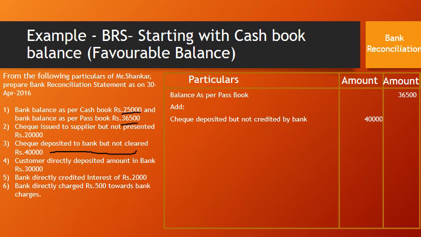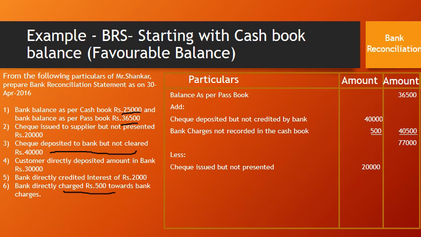This is the one we are adding, and also bank charges not recorded. We are deducting check issued but not presented, 20,000, and then customer directly deposited in bank, 30,000 and this 2,000.